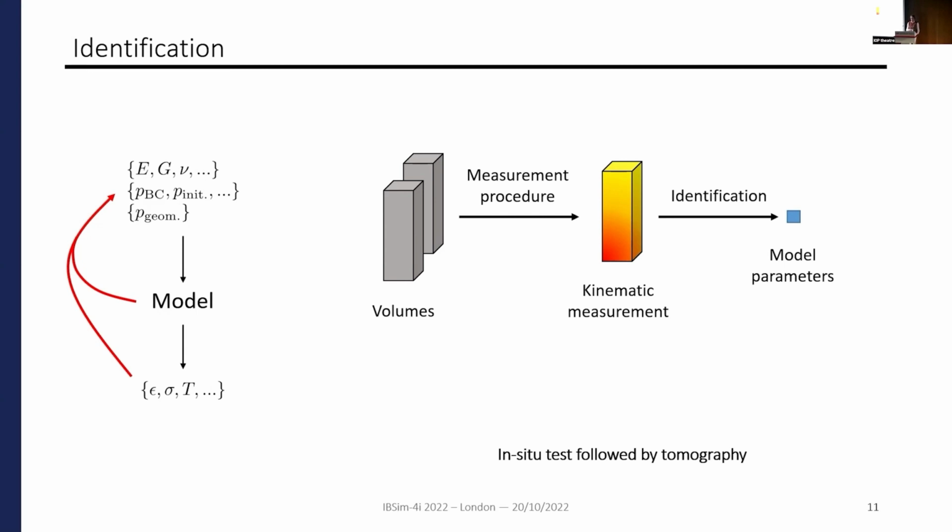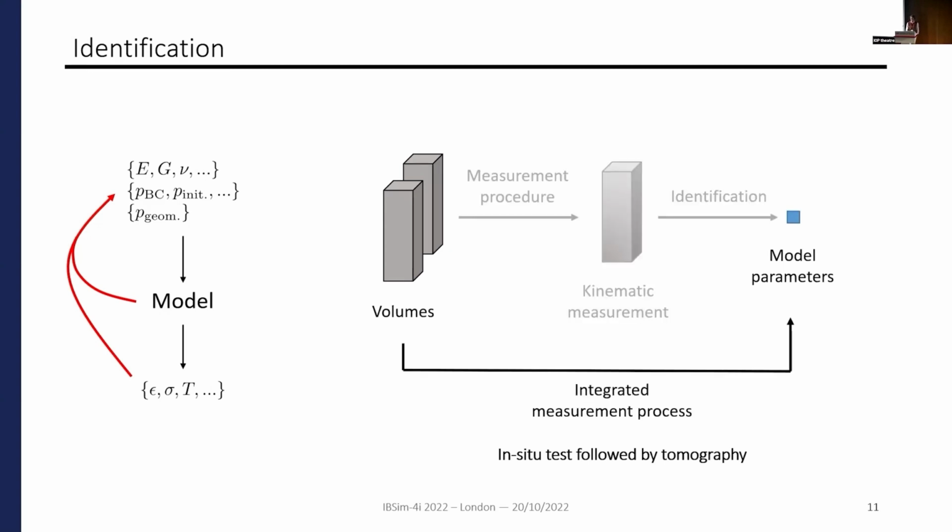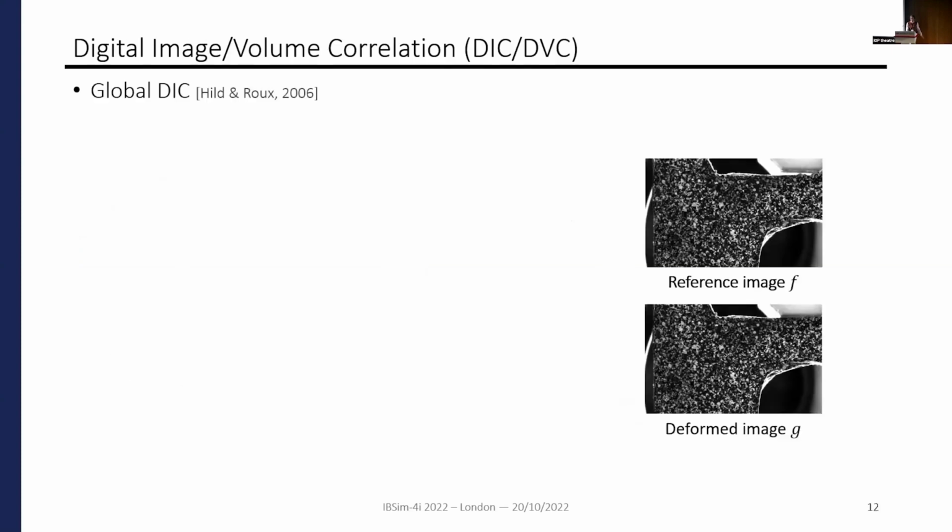But in fact, this approach is not always the most relevant, because there can be some hypotheses during the kinematic measurement. And so we prefer to use what we call an integrated measurement process, passing directly from the raw measurement data to the parameters of the model. And in practice, how do we do that?